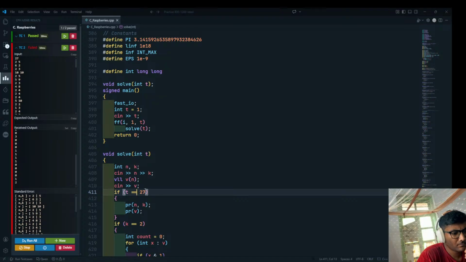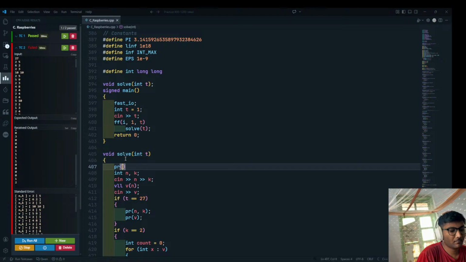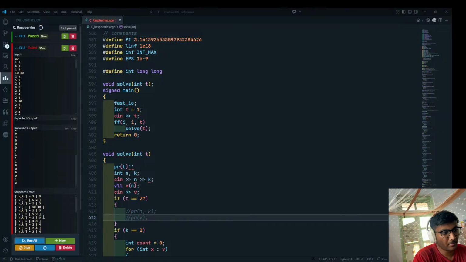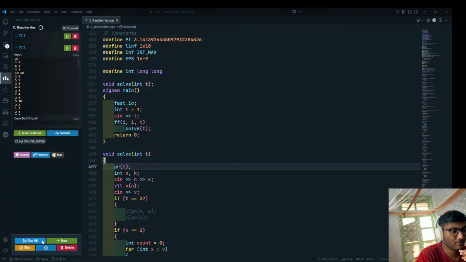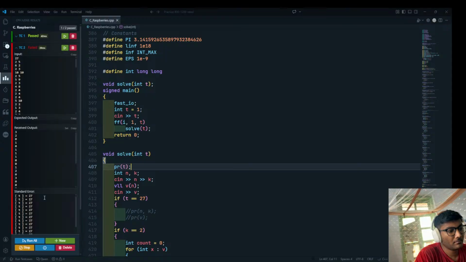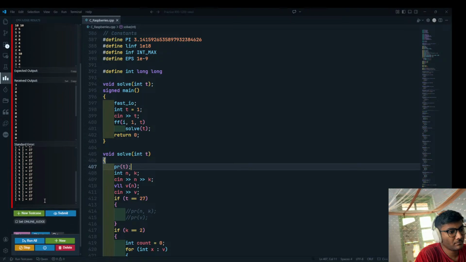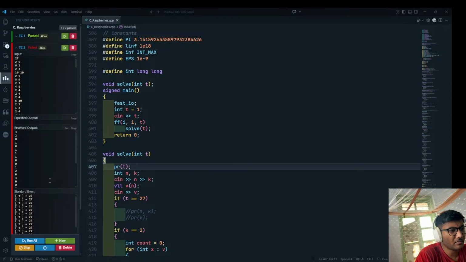Hmm, T is being printed, right? How many times is 27 coming?